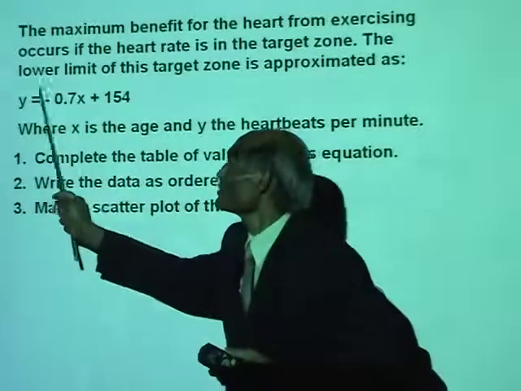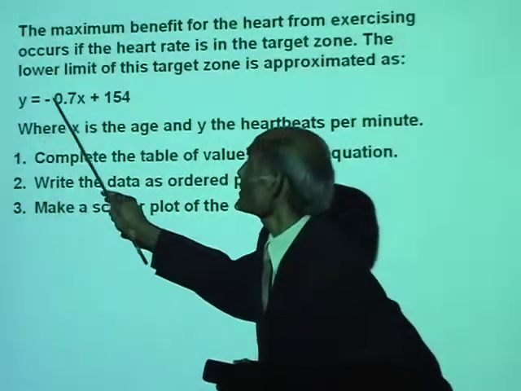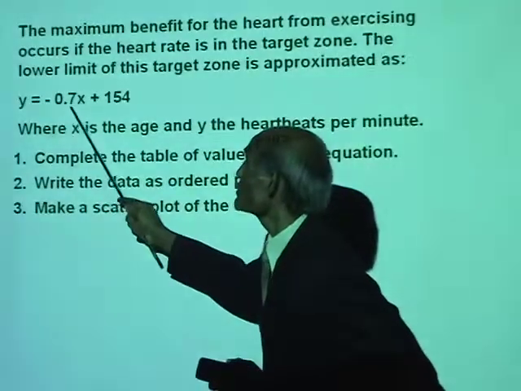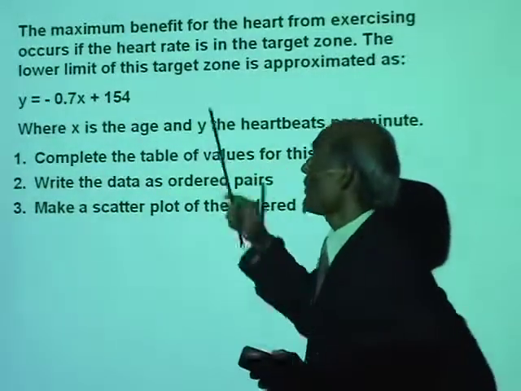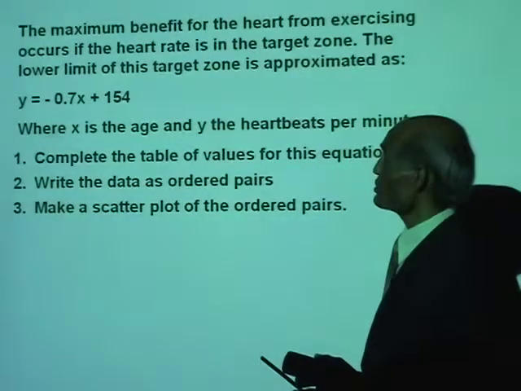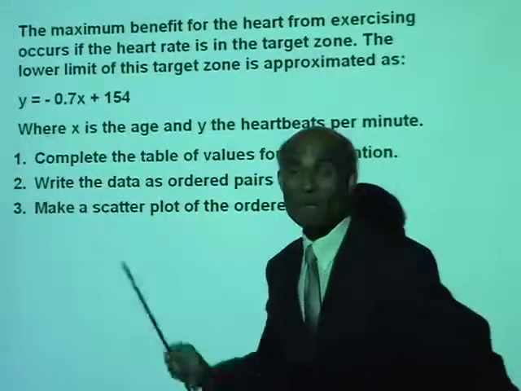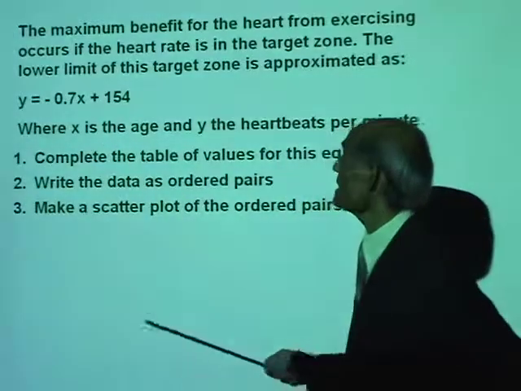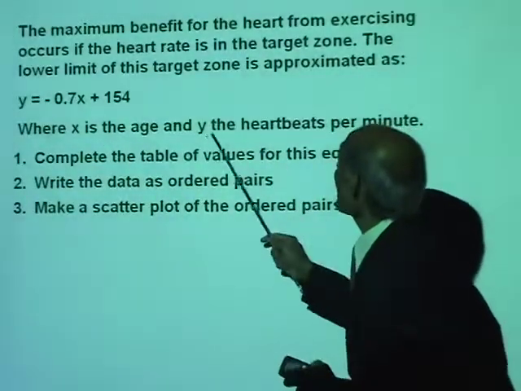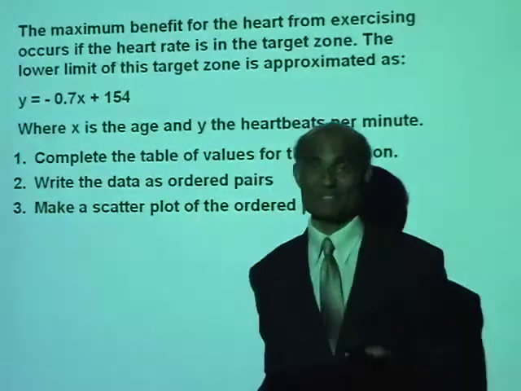And here it is given as a mathematical equation. It says y equal to negative 0.7x plus 154. And that is the relationship there, where x is the age, the independent variable is your age, and y is the number of heartbeats per minute.